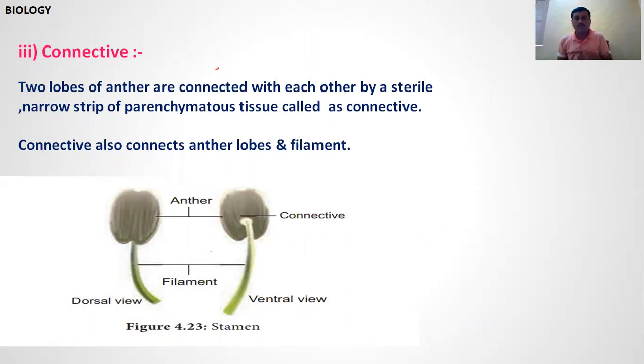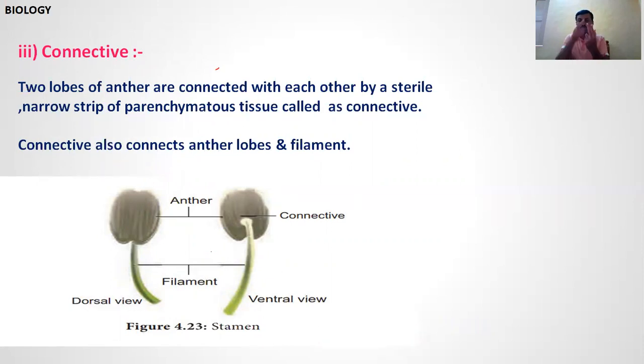The two lobes of the anther are connected to each other by sterile, narrow strips of parenchymatous tissue. It is sterile and not involved in sexual reproduction. It only supports the anther and filament, connecting the anther lobes and the filament.